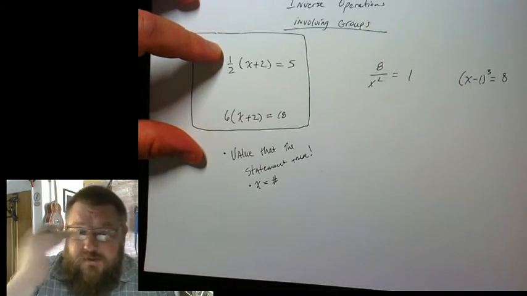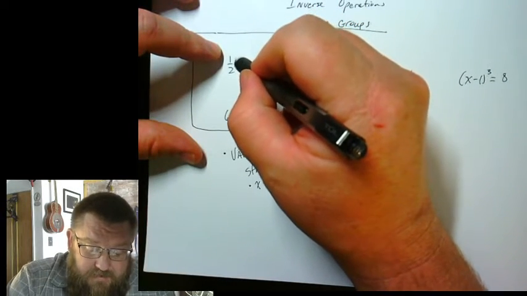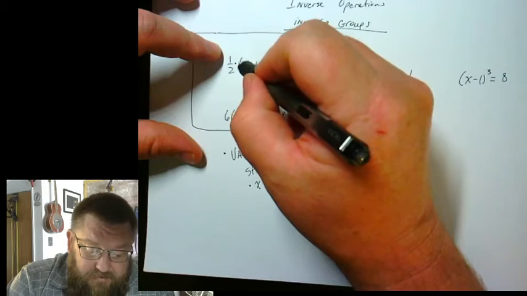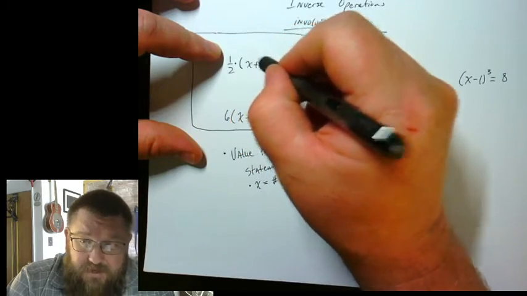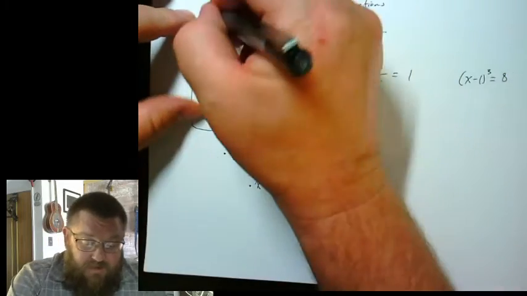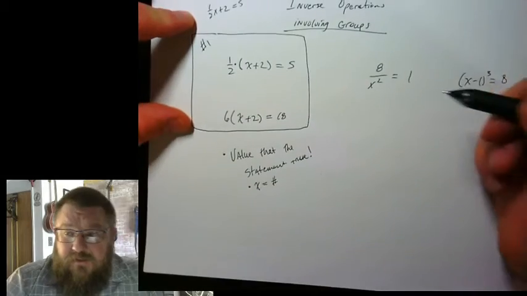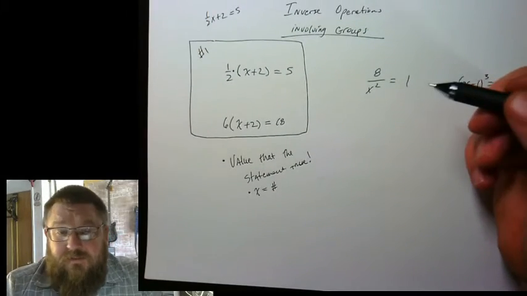But let's talk about another way to figure that out. You've got two options here. You see how this 1 half is multiplying times everything in the group. That's what makes these parentheses necessary. If it was 1 half x plus 2 equals 5, that's a totally different kind of problem. The x is no longer in a group.